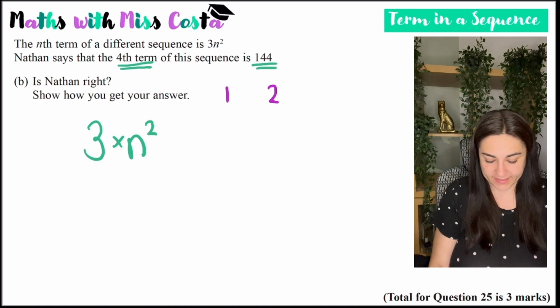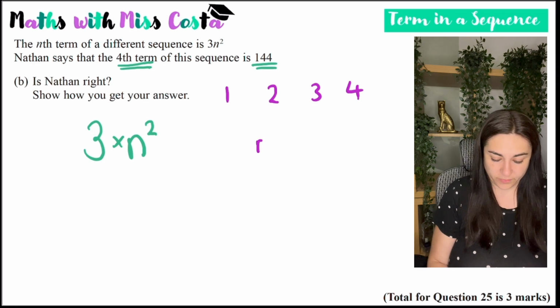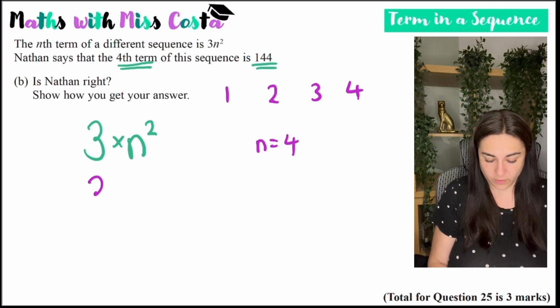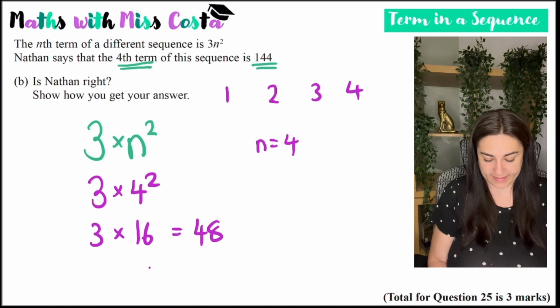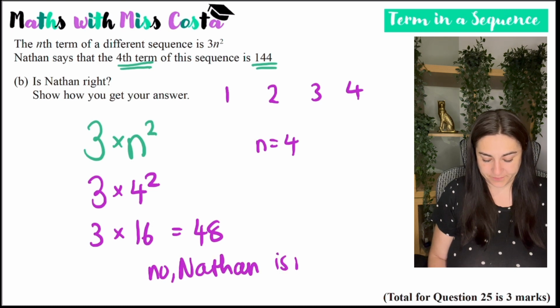So like the 1st term, 2nd term, 3rd term, 4th term. So the 4th term, n would be 4. So I do 3 times by 4 squared. 4 squared is 16. And 3 times 16 is 48. So no, Nathan is not correct.